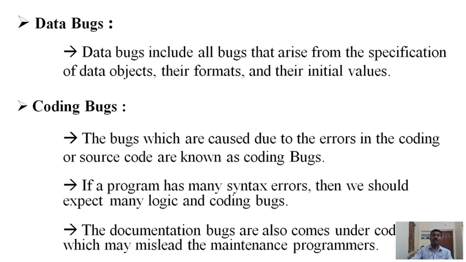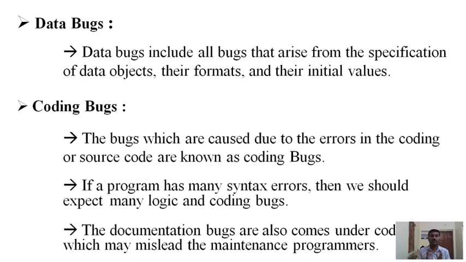When you develop any program, you must take care of the syntax. Then documentation bugs also come under coding bugs, which may mislead the maintenance programmers. If you have not developed proper documentation, or if the documentation contains bugs, that misleads the maintenance programmers.